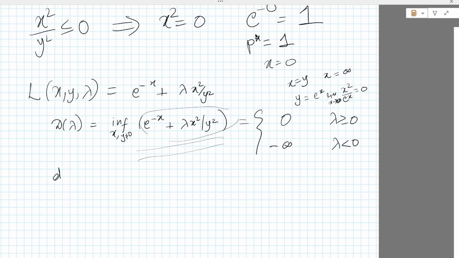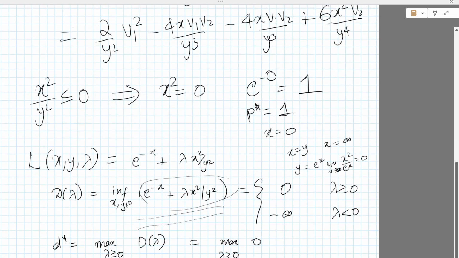So my dual d star is the max over lambda greater than or equal to 0 of d of lambda, which is max of 0, which implies d star is equal to 0. So p star minus d star is equal to 1. So in that way also Slater's condition is not satisfied.